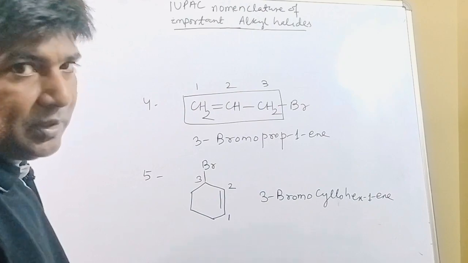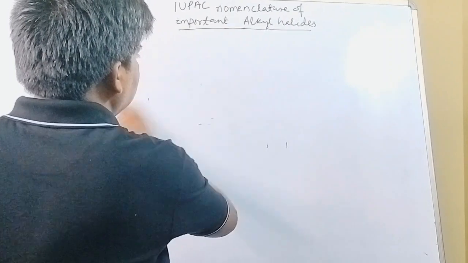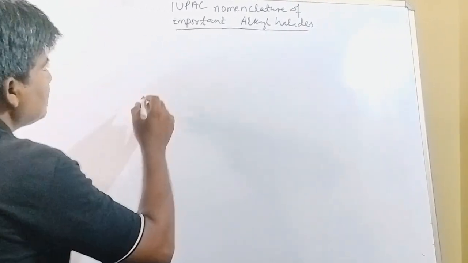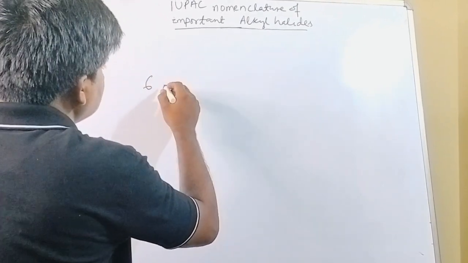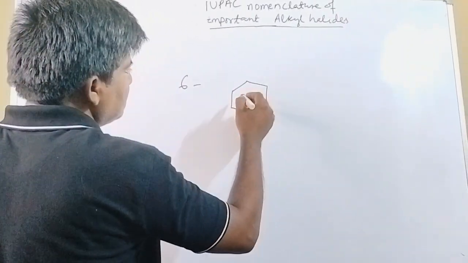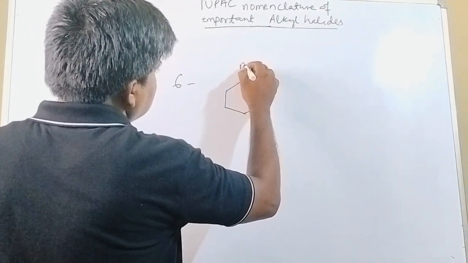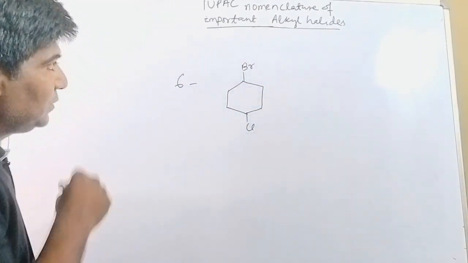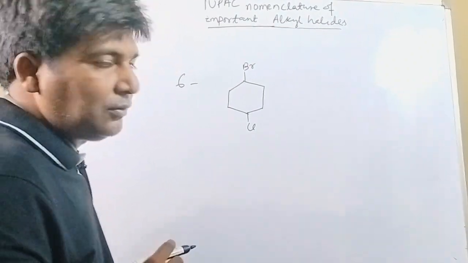Let us try one more example. In this case we have 2 substituents, bromine and chlorine.